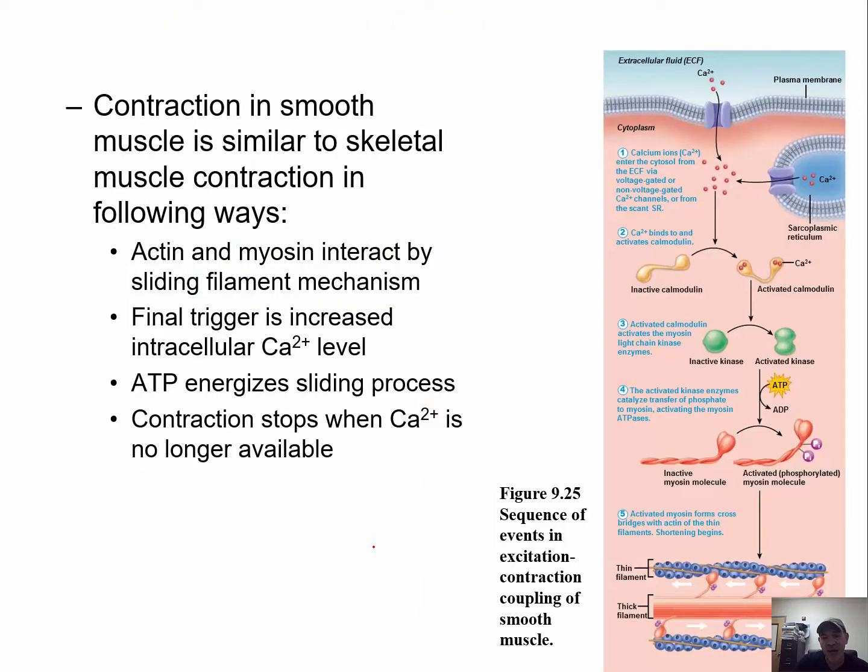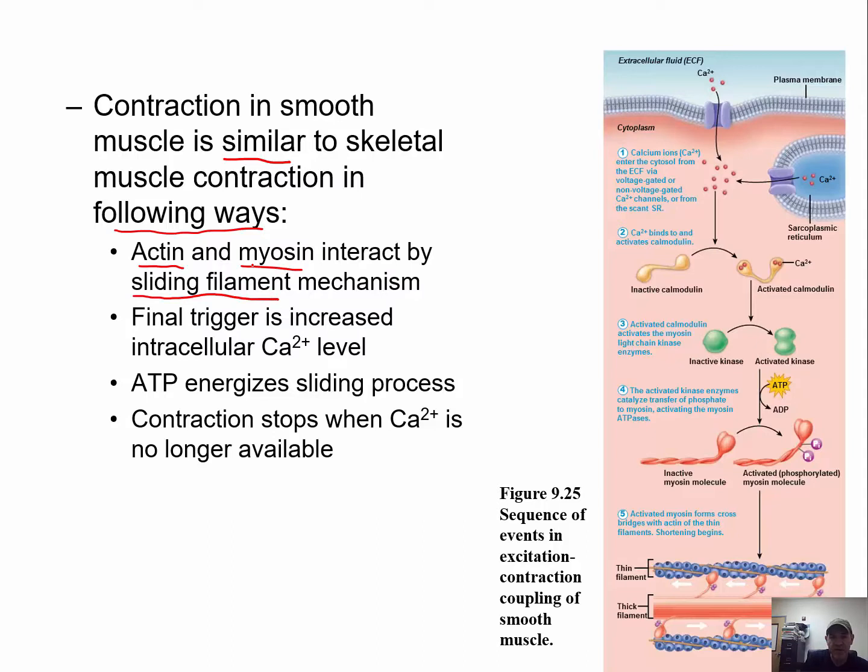So looking at the contraction of the smooth muscle, it can be similar, but not the same as skeletal muscle. And the following ways are what make smooth muscle similar. We're still going to see actin and myosin, and the actin will be sliding past the myosin as the myosin heads pull on the actin.